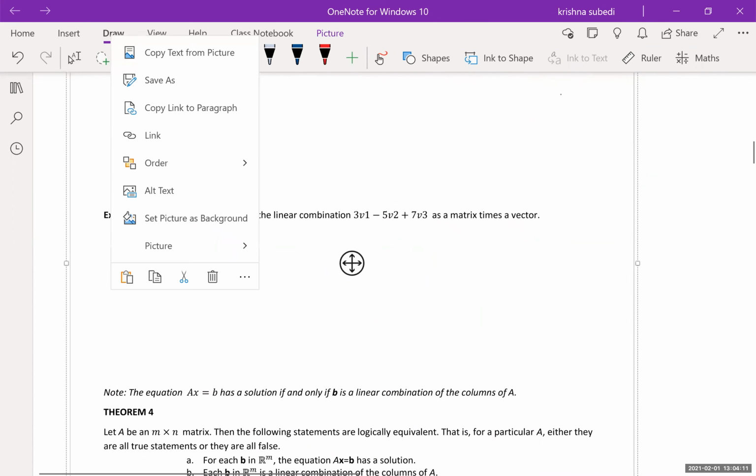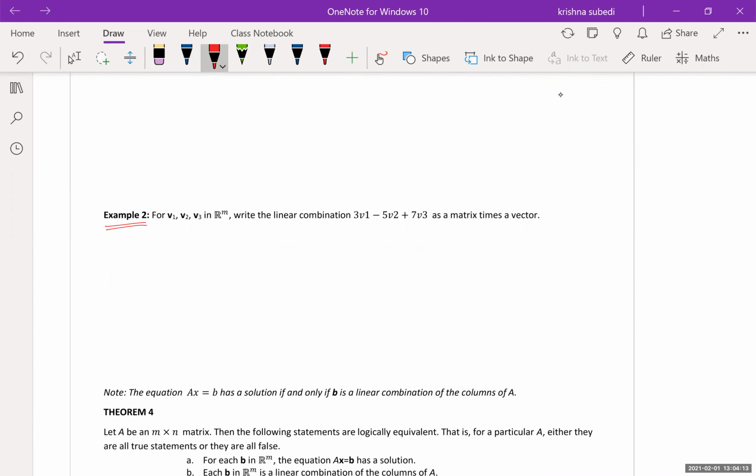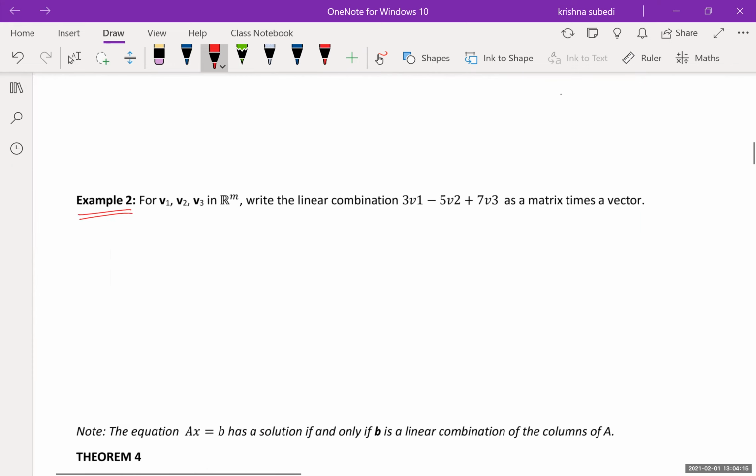So let's look at example 2 quickly. For the vectors v1, v2, v3 in Rm, write the linear combination as a matrix times a vector. Right? So this is the given linear combination, and we want to write it as a matrix times a vector. All right?